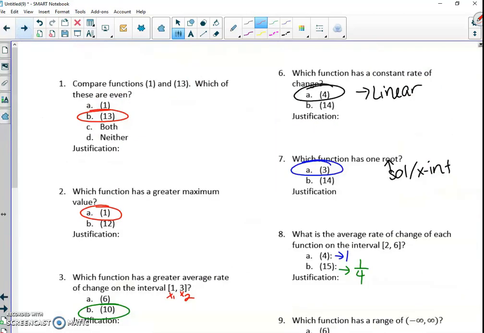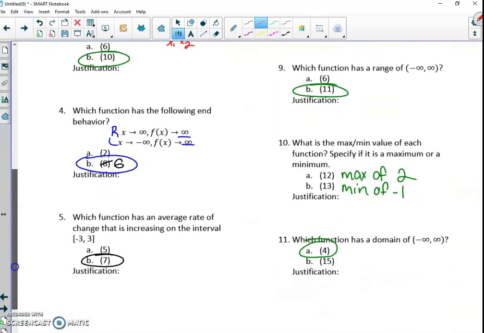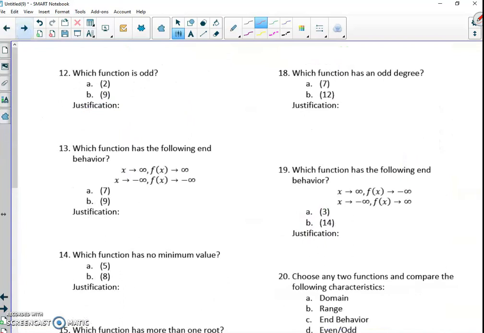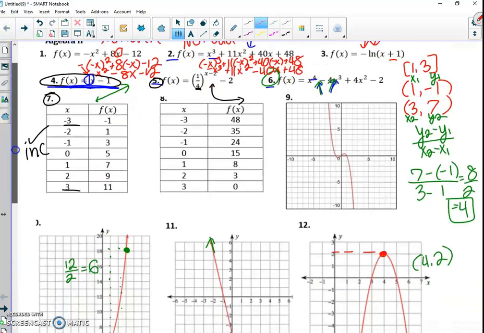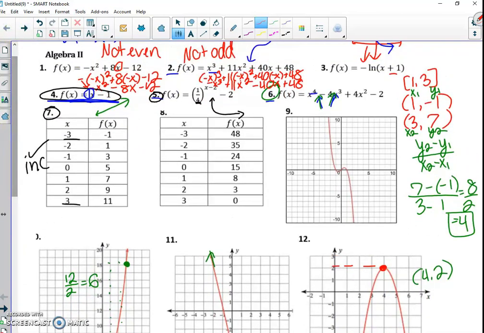And then let's see. What else? Oh, we're here. So that one's not odd. And then function 9, let's see. Function 9, that one is odd. Hopefully you can tell that this is rotational around the origin, to where if I took this piece here and spun it around the origin, it would land on top of this piece here.